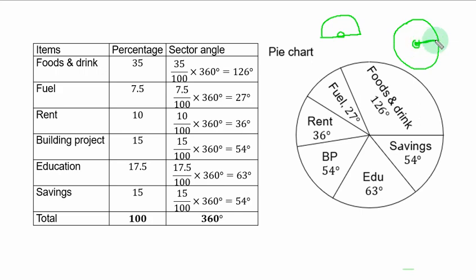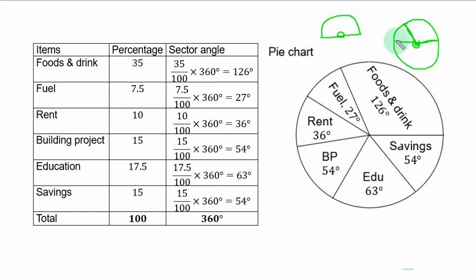So you count it from 0 to 126 degrees. That is the sectorial angle for food and drink. Then the protractor, again, you adjust it, you put the center here and the line to match with this line so that you measure 27 degrees for fuel.